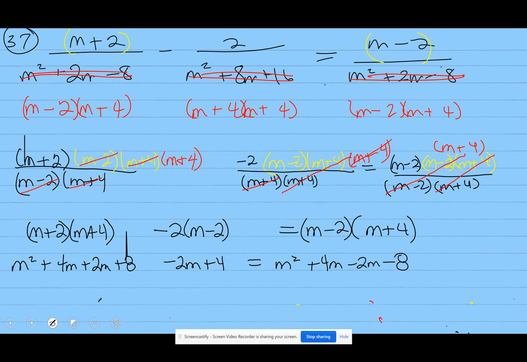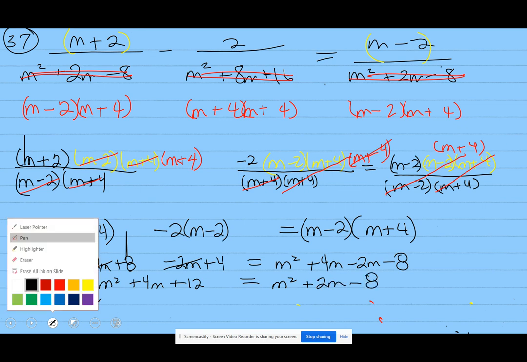Okay, let's collect our like terms on the left. Those are going to go away. So I'm going to have m squared plus 4m plus 12 on that side. And on this one, I have m squared plus 2m minus 8.